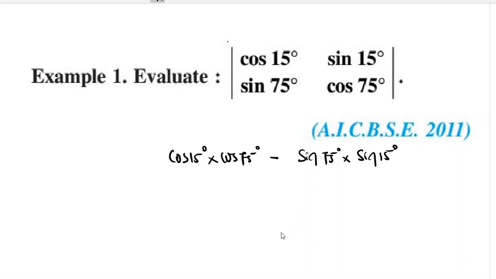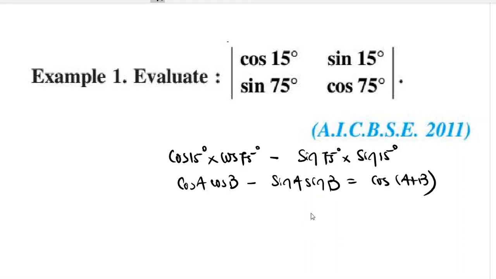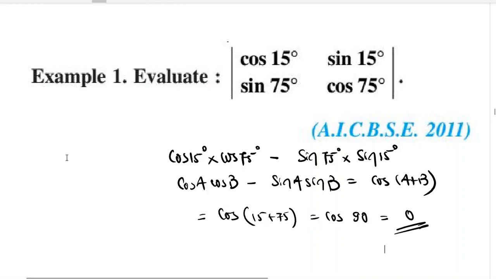Cos A cos B minus sin A sin B is cos of A plus B. Okay, so becomes cos of 15 plus 75, cos of 90, which is 0. So determinant in this case is 0.